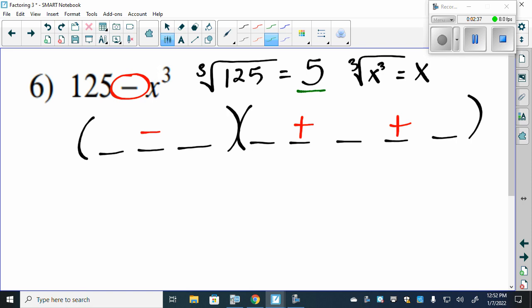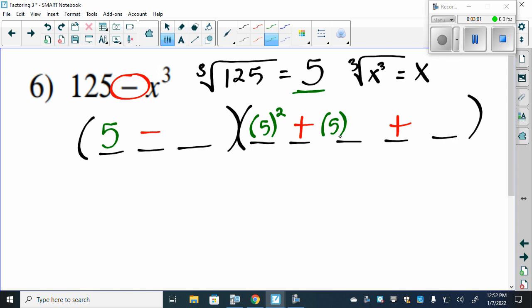Now, since 125 appeared first, we're going to use our 5 first. So in the first space, we would have our 5. And in the big set of parentheses, our first space is going to be 5 squared. And we would have 5 to the first, and then the last one would be 5 to the 0.